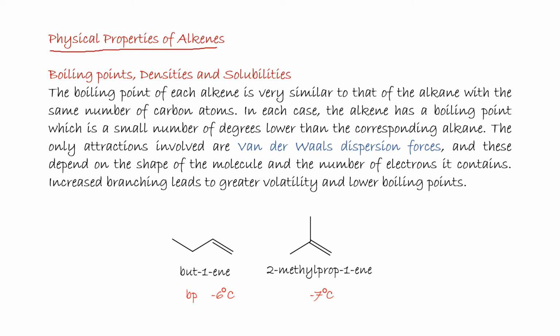Physical properties of alkenes: boiling point, densities, and solubilities. The boiling point of each alkene is very similar to that of the alkane with the same number of carbon atoms. In each case, the alkene has a boiling point a small number of degrees lower than the corresponding alkane.